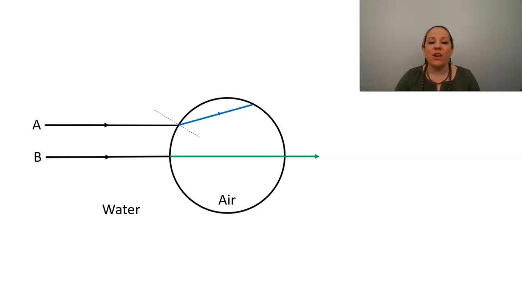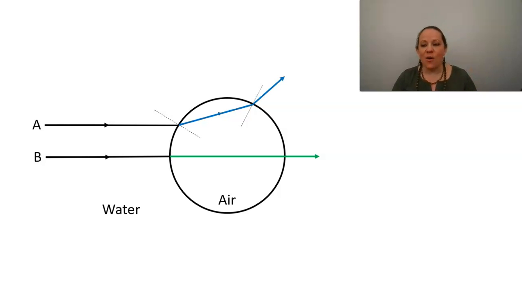Now we're going to want another normal line at that interface. And because we're passing from a material with a lower index of refraction to one with a higher index of refraction, our ray is going to bend toward the normal as it exits back into the water.